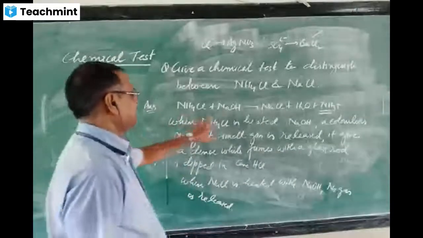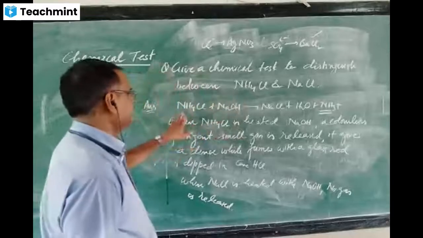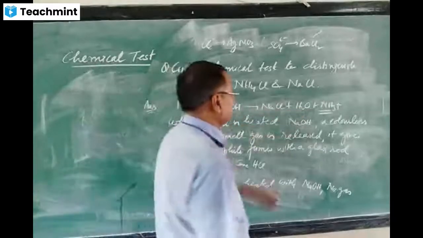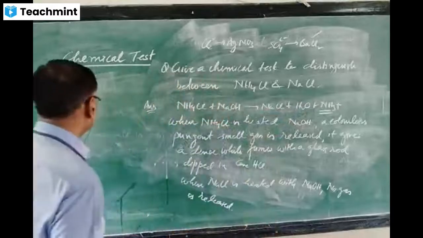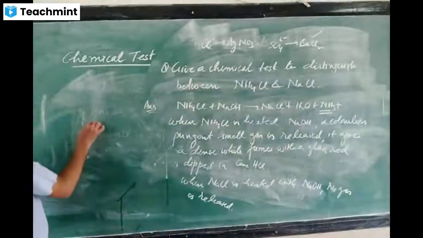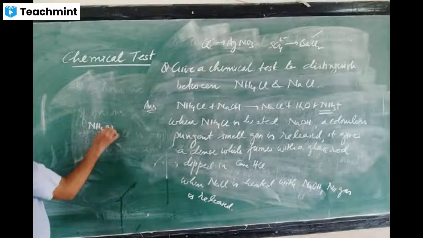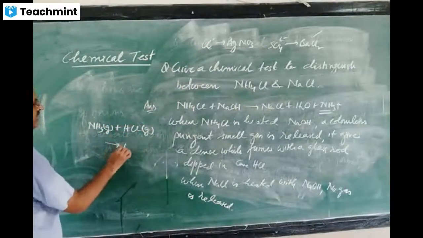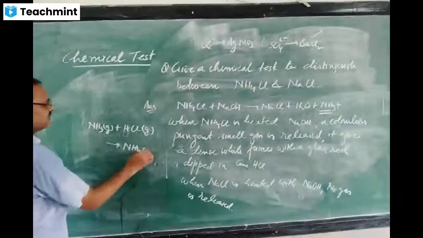So for the explanation, I have given you how the test will be conducted. When ammonium chloride is heated with sodium hydroxide, ammonia gas is coming. And you are familiar with this reaction: when NH3 gas reacts with HCl gas, it forms solid ammonium chloride.